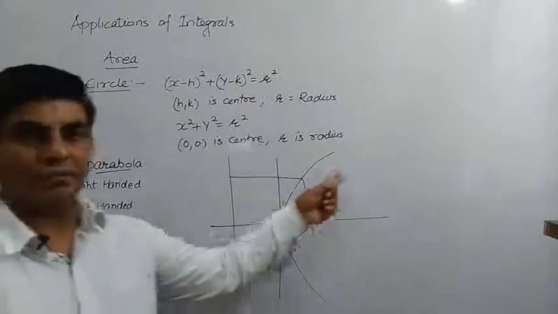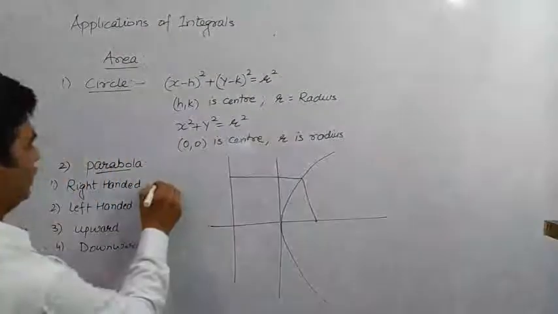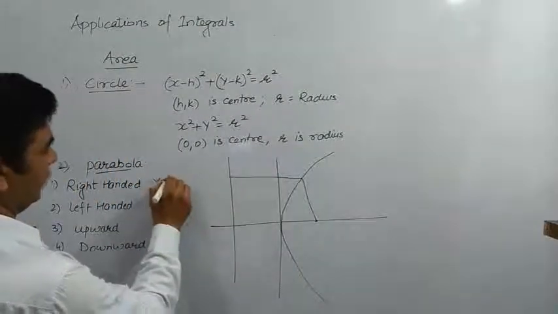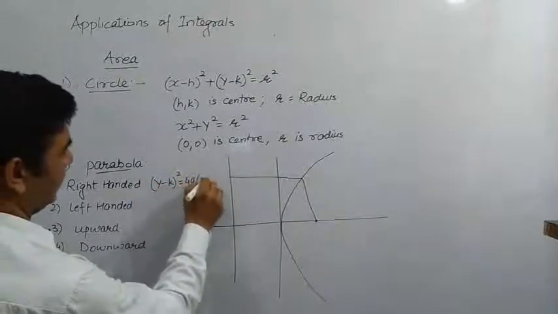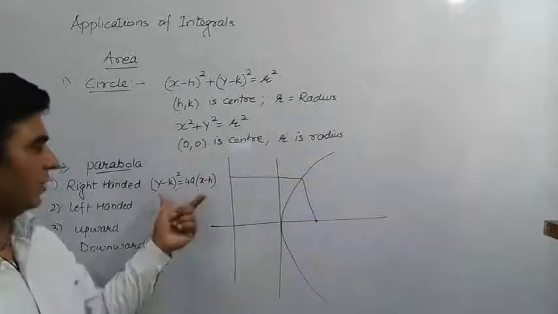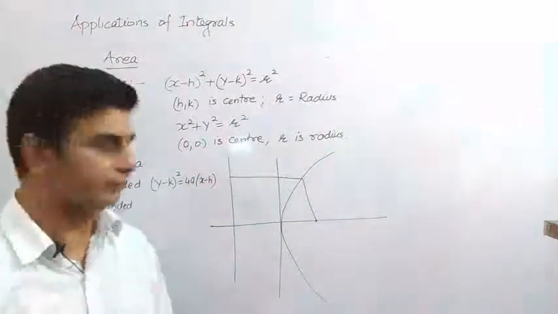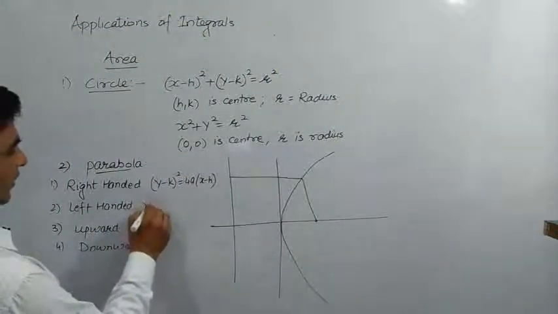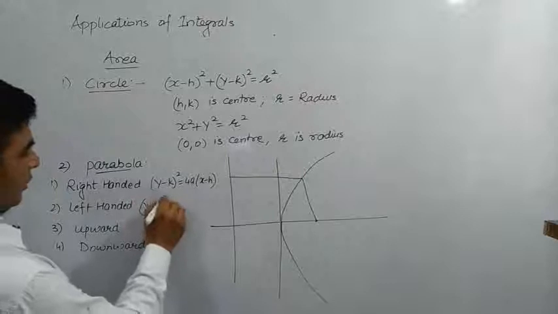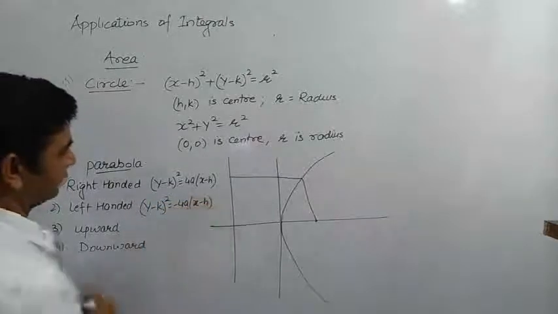The equation of the right-handed parabola is given by (y minus k) whole square is equal to 4a into (x minus h). This is the standard form of the equation of a right-handed parabola. In case of the left-handed parabola, this is given by (y minus k) whole square is equal to minus 4a into (x minus h).